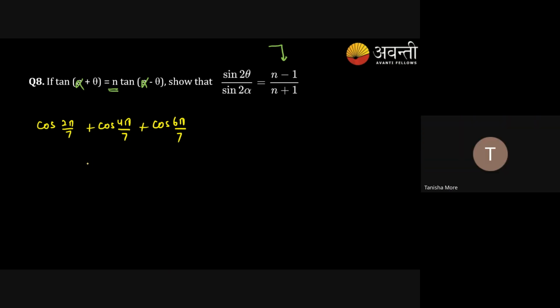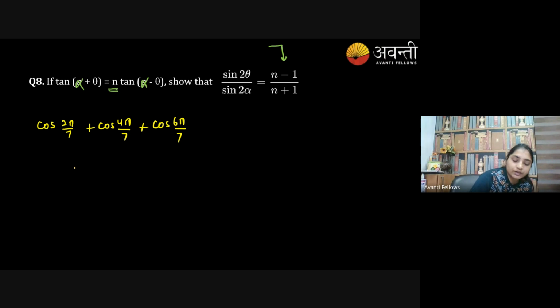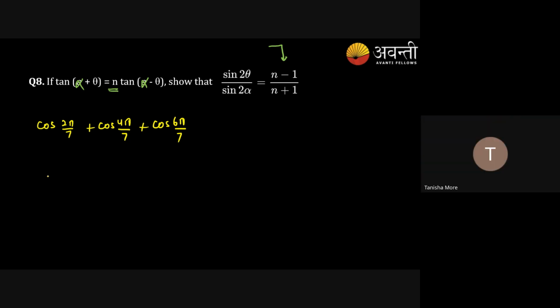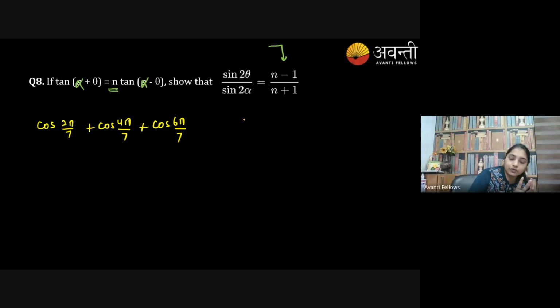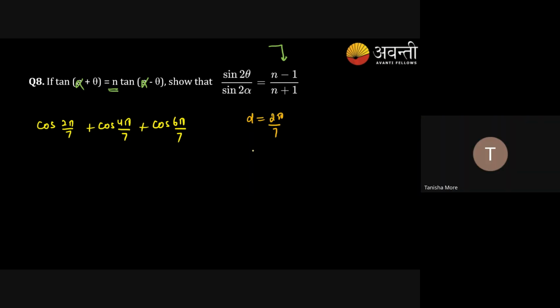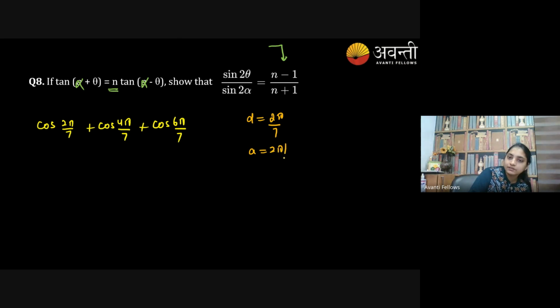So if these are in AP, what formula should you apply? Sin(nD/2). Firstly, recognize what n and D are. D is 2 pi by 7, A is also 2 pi by 7, and n is going to be 3.